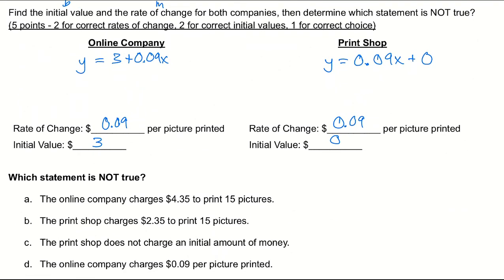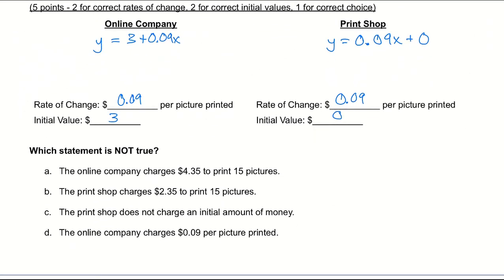So which statement is not true? Okay, let's kind of go through these. It says the online company charges $4.35 to print 15 pictures. So if x's pictures, we need to do a little bit of work. So I'm looking at the online company, and to print 15 pictures, that would be y equals 3 plus 0.09 for 15 pictures.